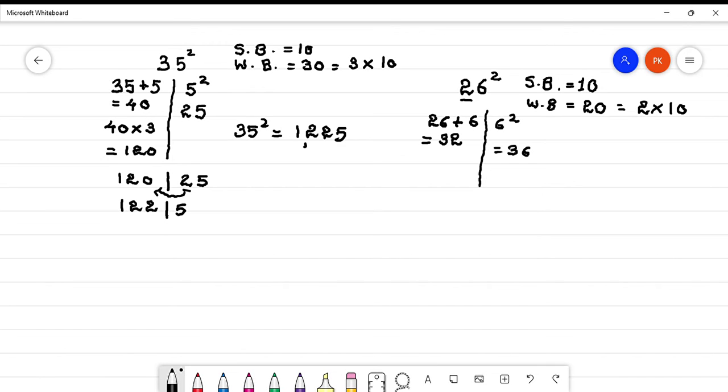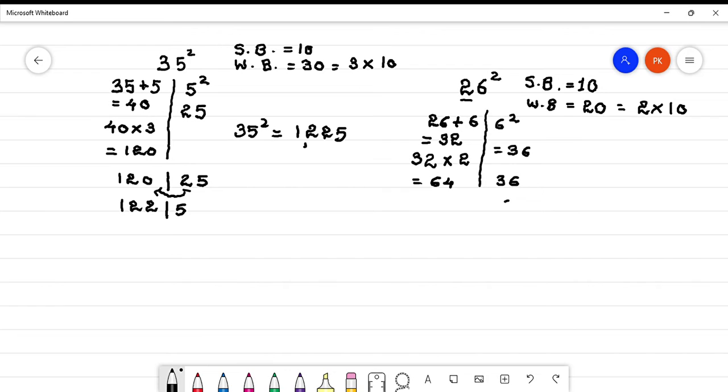Now what is your next step? The working base is 2 times the standard base. So what should you do? Multiply 32 by 2. 32 times 2, that is 64. And on the other side, this is 36. So now, since the standard base is 10, what should I do?